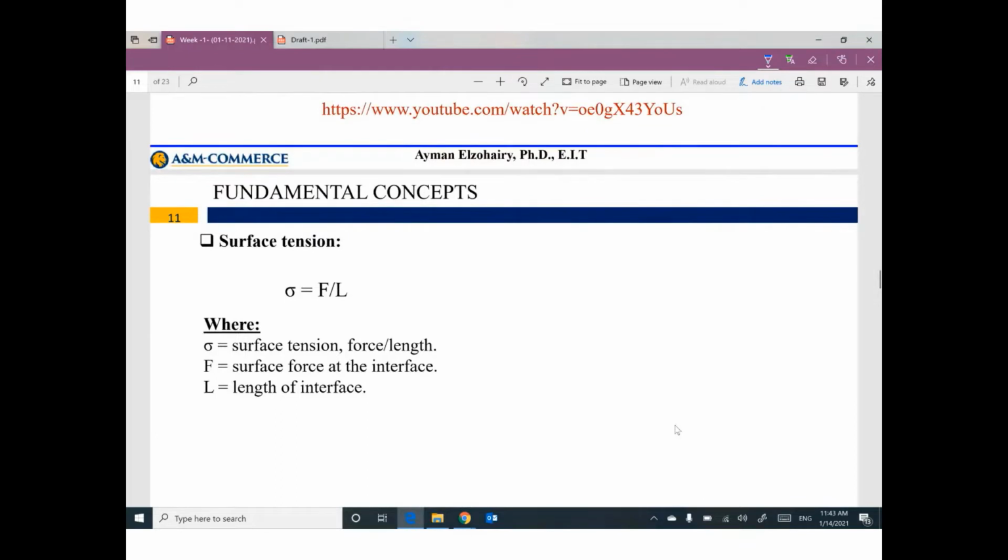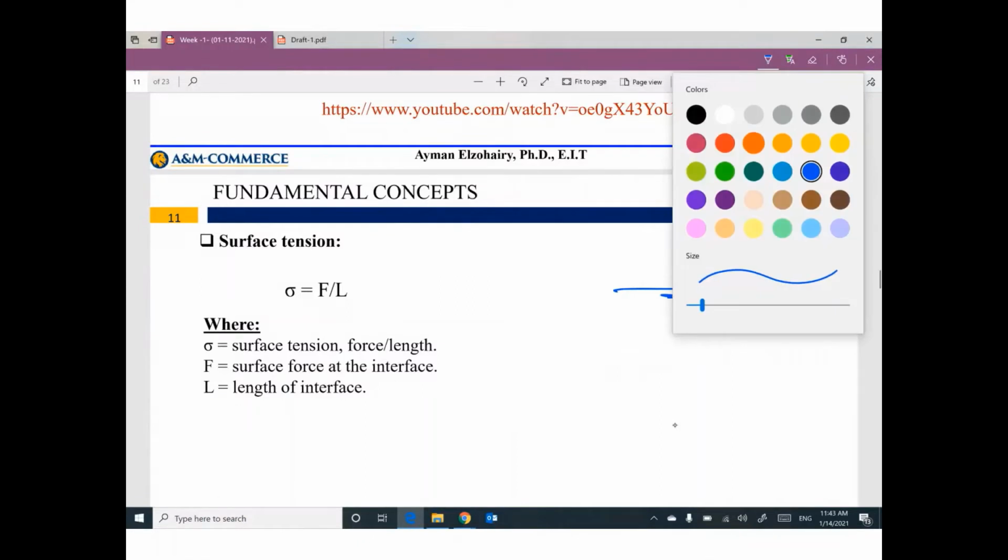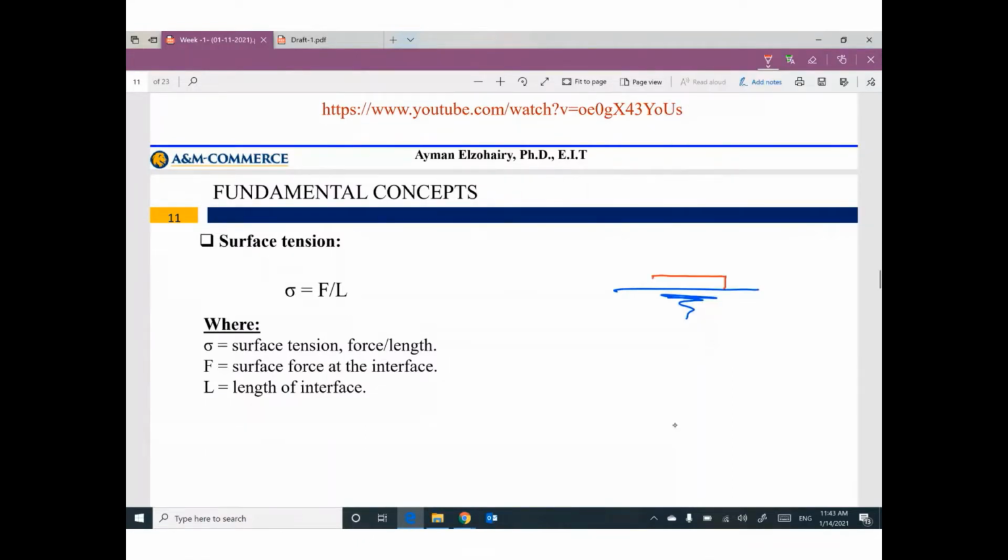By the way, surface tension is called sigma, equal to force divided by L. If you have a surface of water and a piece of metal in contact with the water surface, with this surface of metal having length L, we have a force between the water and the surface of the metal, called F. Based on the phenomenon of surface tension, we have a relationship between this length, this force, and the surface tension.